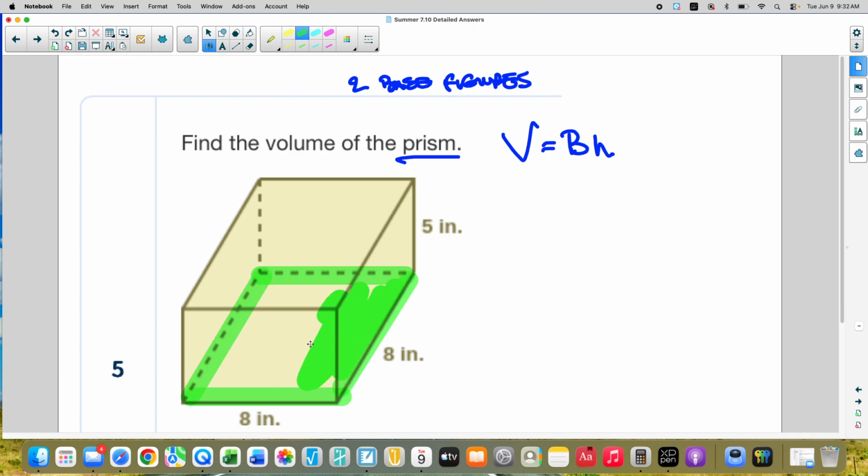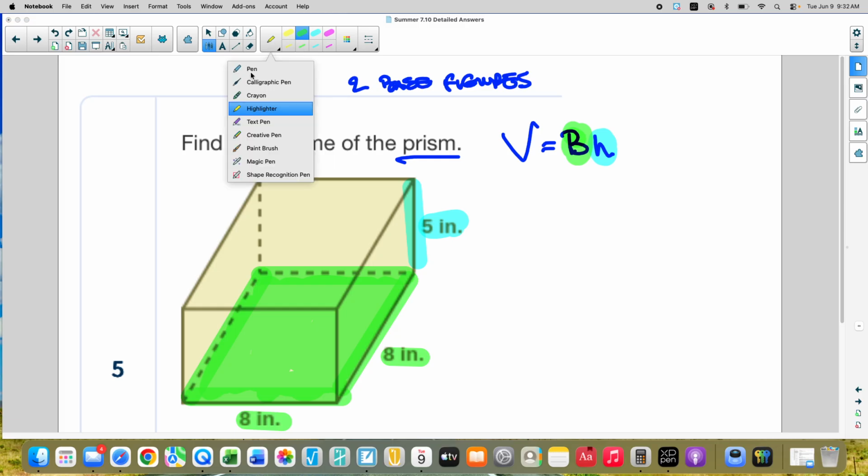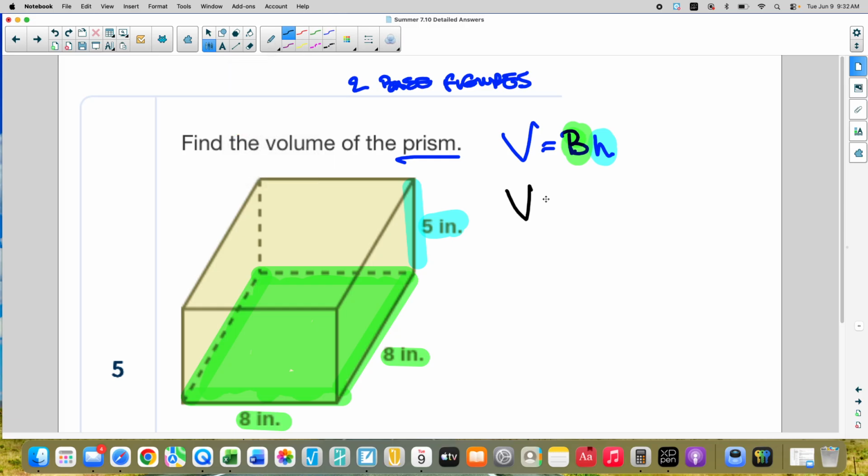So that's going to be the bottom of this figure. That's going to be my base. And then my height is going to be the height of the object. So that's kind of nice. We first insert what my base shape is, a rectangle, so length times width times the height.